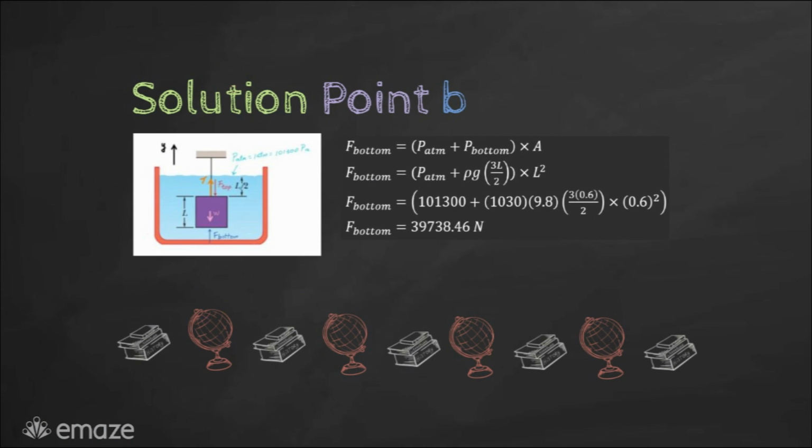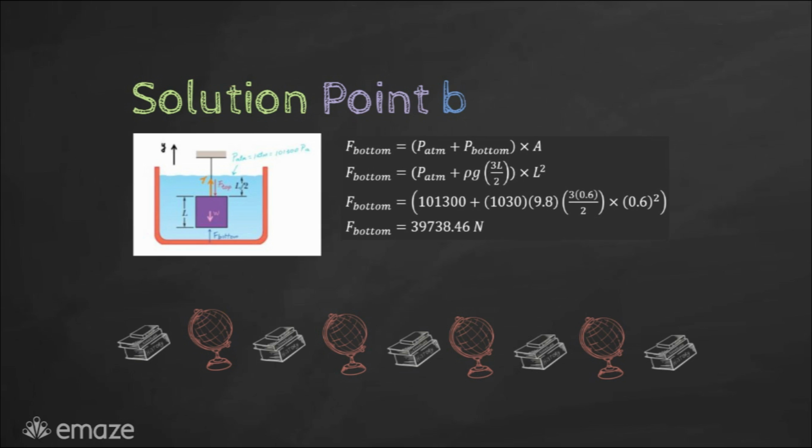Point B asks for the force experienced by the cube from below. The formula will be the same as point A, with the difference being that the pressure on the top is replaced with the pressure on the bottom. Based on that, we get F bottom equals P atmosphere plus P bottom, times A. F bottom equals P atmosphere plus rho times g times 3L over 2, times L squared.